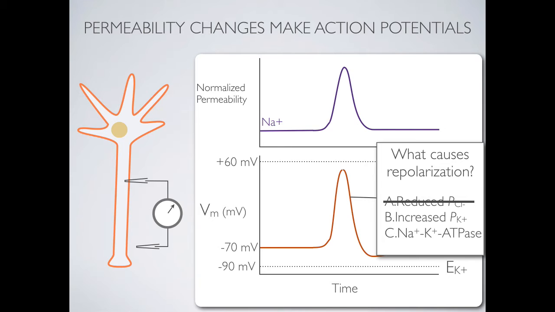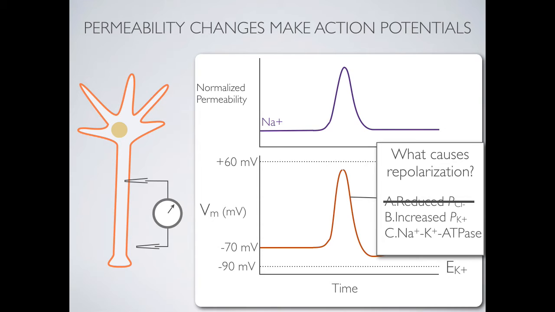If you make the membrane permeable to potassium, it's going to go down, because we already established before that the equilibrium potential for potassium is a really negative number, negative 90 millivolts or thereabouts. And in fact, we have it there on the graph. So if you make the membrane permeable to potassium, then the membrane is going to tend to go towards that.